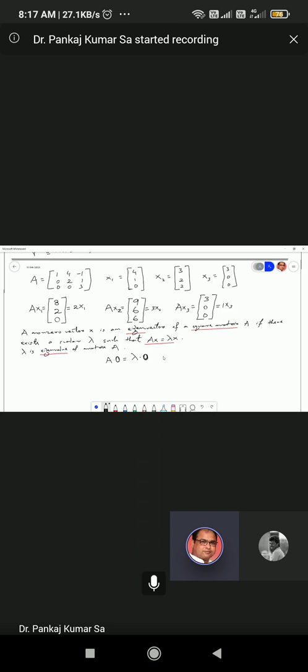Here also the equality is satisfied, but this is not legitimate. Why? Because you cannot have a zero vector as an eigenvector.